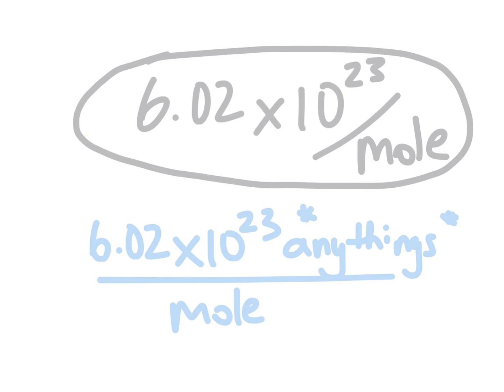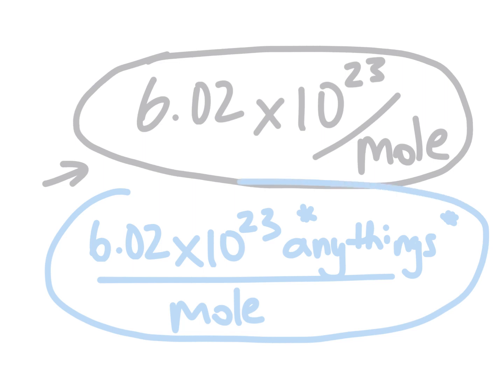So you can look at the equation this way: it's 6.02 times 10 to the 23 per mole, or you can look at the relationship this way, that 6.02 times 10 to the 23 anythings are in a mole. A mole of those anythings.